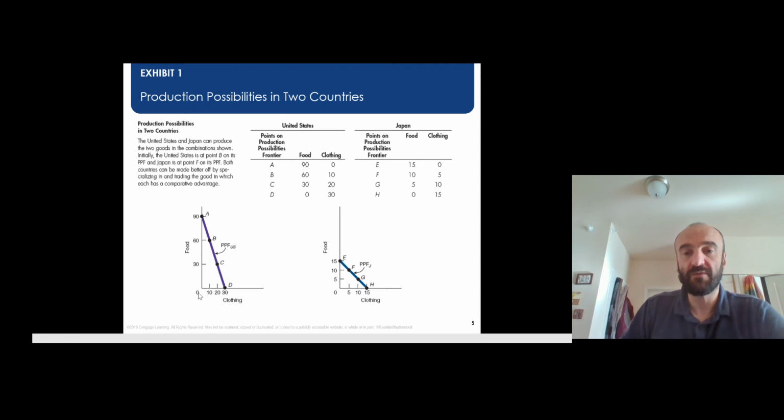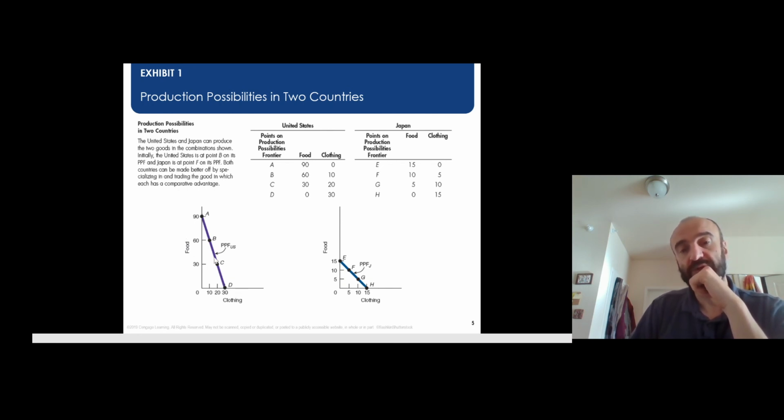So here you have two goods that are being produced, on the graphs down here on this Exhibit 1. You have America's production possibilities frontier. You know what that is? One of the things that you will also have to know. Food and clothing.